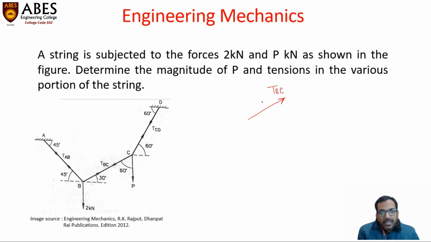This is basically the reactive force or reaction force, because the tensile force is acting in this direction like this. The actual tensile force goes like this, but we are going to show the reactive force in the opposite direction. So this is the reactive force TBC. Now, this is the known force. The magnitude is 2 kilonewton. And the third force is TAB.